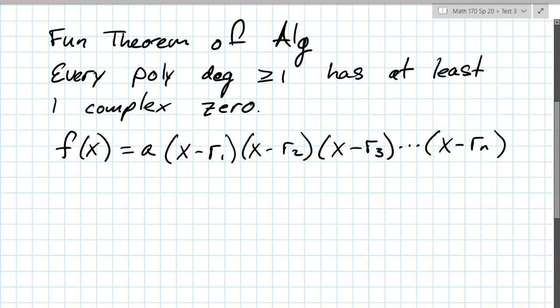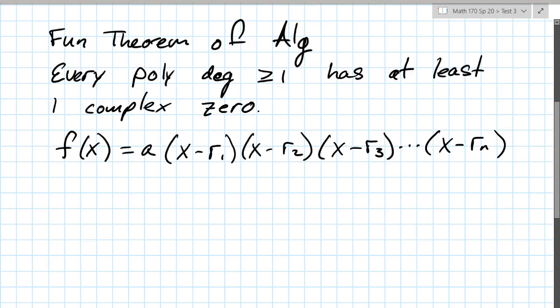One thing that we should know when dealing with complex numbers is if we have imaginary numbers as part of our solutions, these imaginary solutions turn up in pairs.